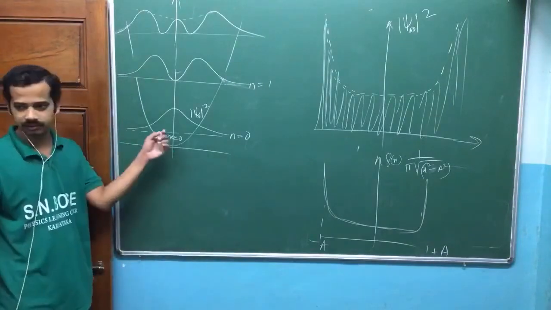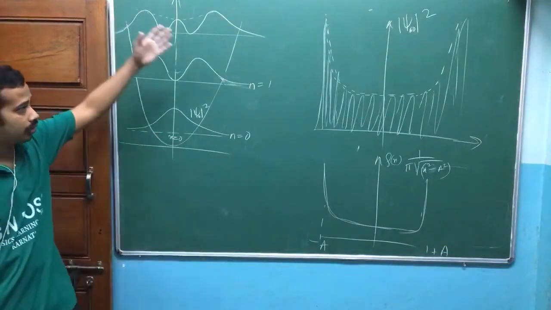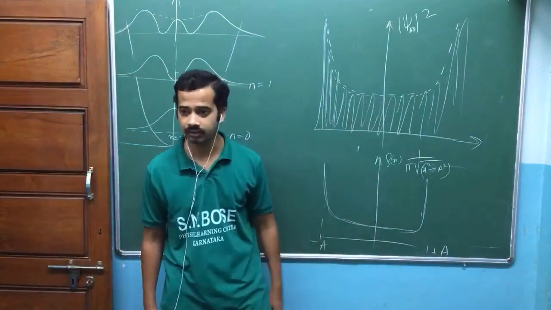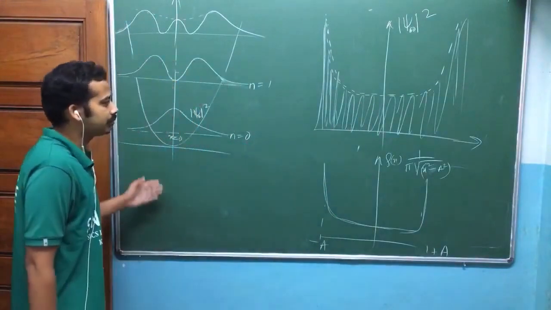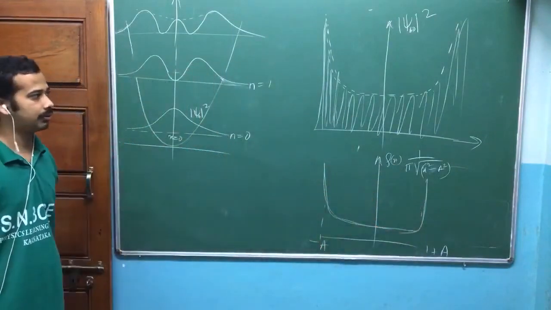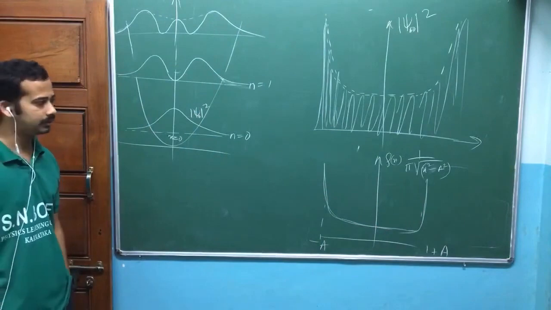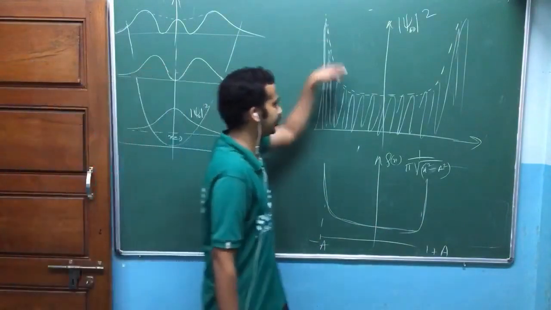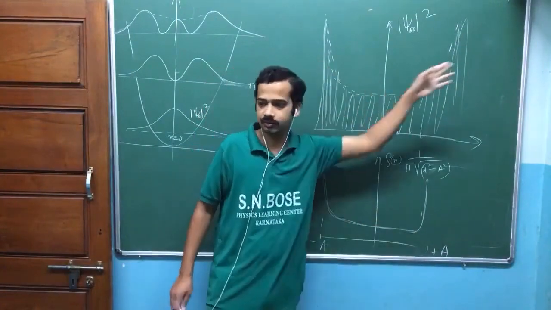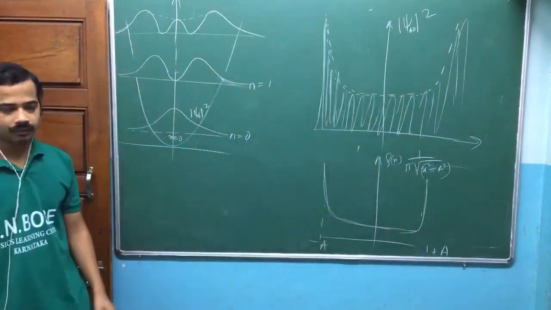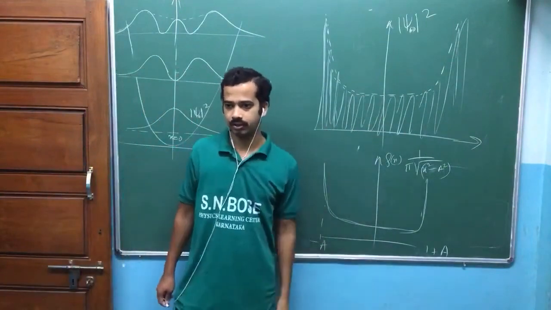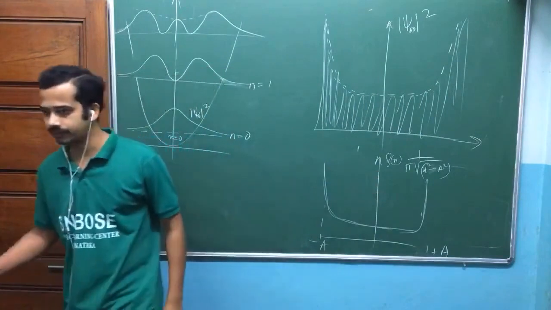It is highly non-classical. But when you go to states corresponding to very high quantum number, psi 60, psi 100, psi 200, like that, some parameter will approach the classical parameter. In this case, that is the probability density. If you take the peaks, which form the envelope, because when you make n very large you can't differentiate the peaks, it seems like a continuous curve. That envelope will approach your classical probability distribution.